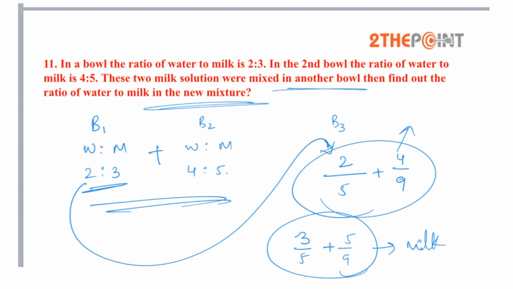In this new mixture, separate water and milk, that is, take the ratio of water and milk. That is 2 by 5 plus 4 by 9 is to 3 by 5 plus 5 by 9, which is equal to 38 is to 52, which can be written as 19 is to 26, the ratio in the new mixture.